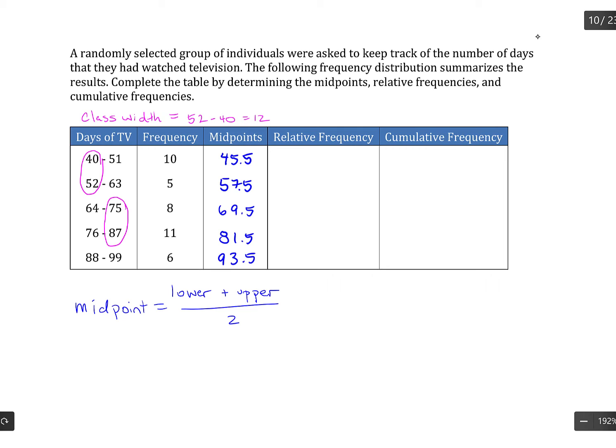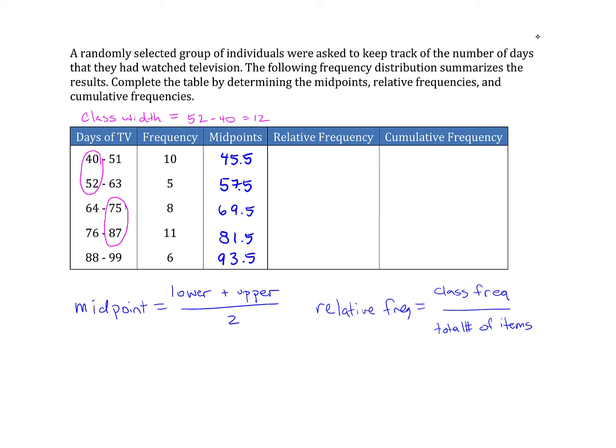The relative frequencies. To come up with relative frequencies, there is a formula. The formula for a relative frequency is the number of data items that exist in a class, so each individual class frequency, divided by the total number of data items altogether. The relative frequency is really just a percentage of the total items that exist in the table for each class.